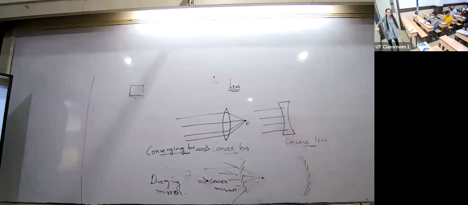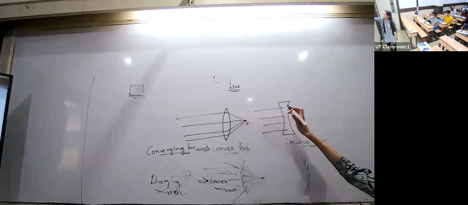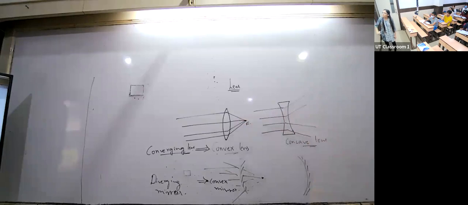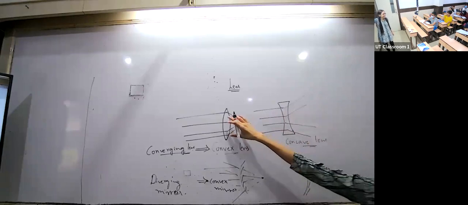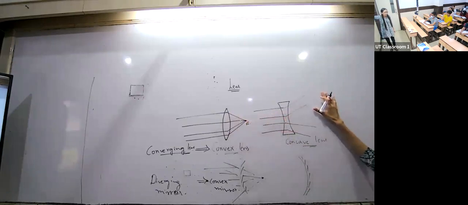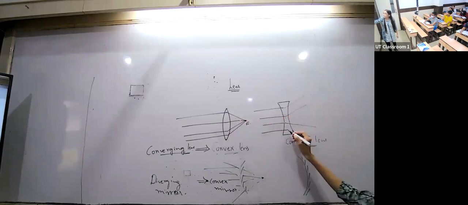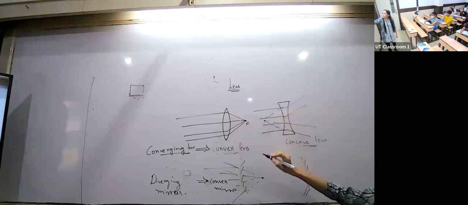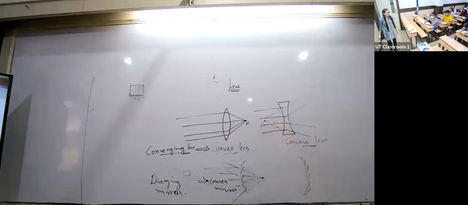When it is hitting my concave lens, the rays in this case converge, and in this case they will diverge, and we see that when we extend them backwards, it seems that they are all coming from one point, which we call the focus.